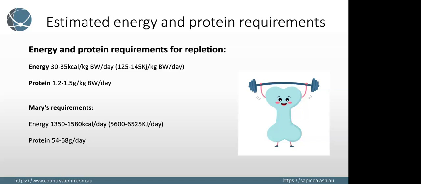With this case study, I won't go too much into energy, but because her loss is mostly muscle, and that's the highest risk of things like sarcopenia, I will look at protein in a bit more detail.